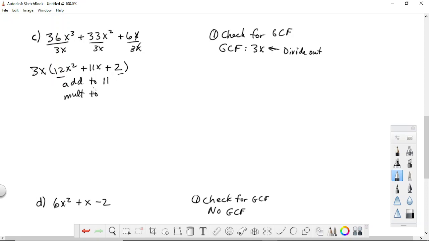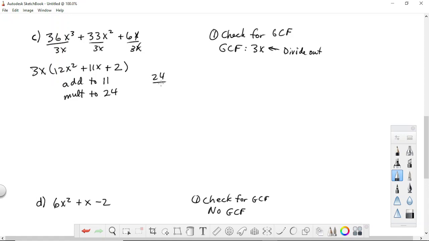This is positive 24. So let's figure out what the numbers are.